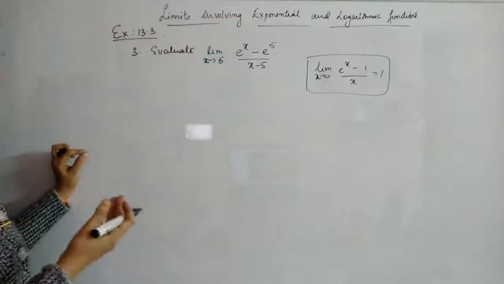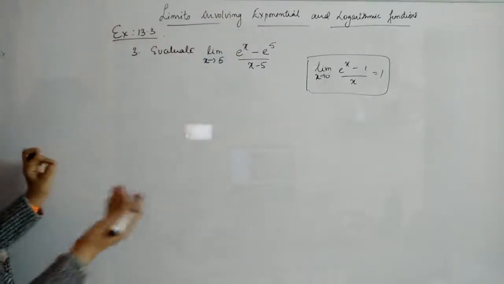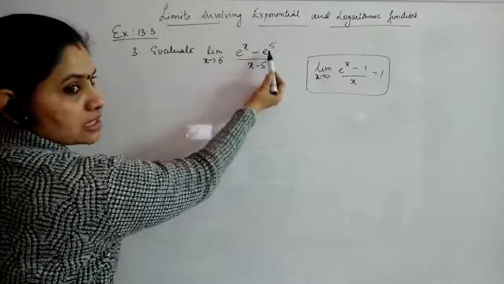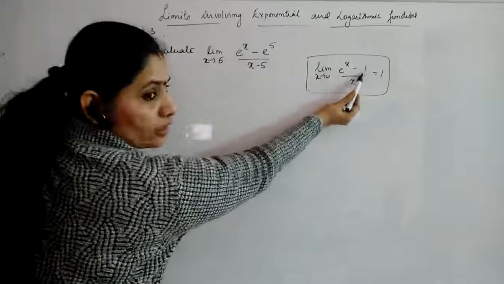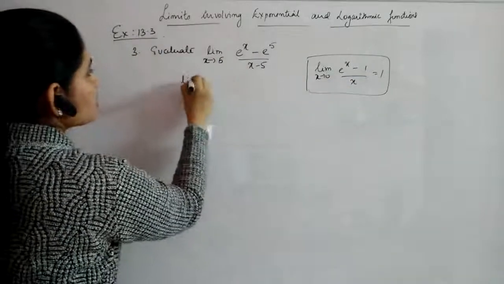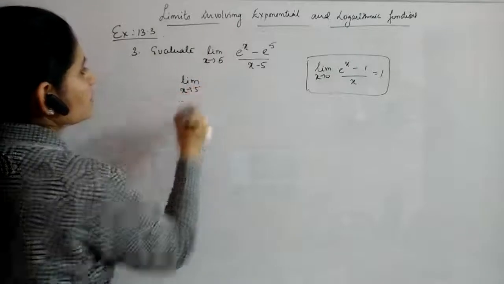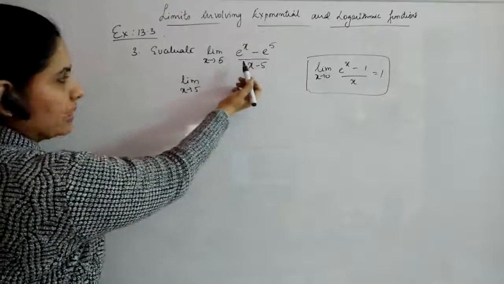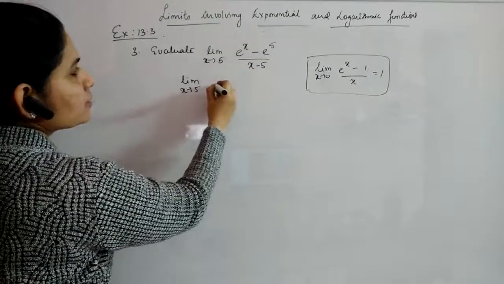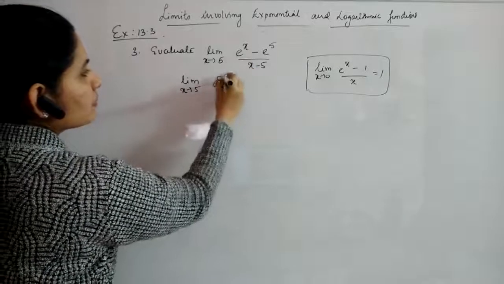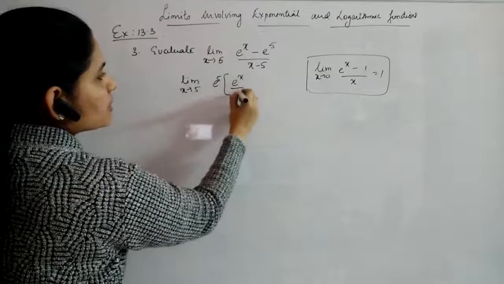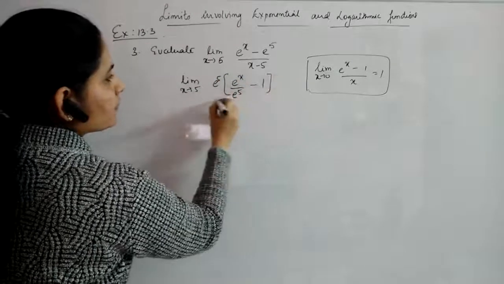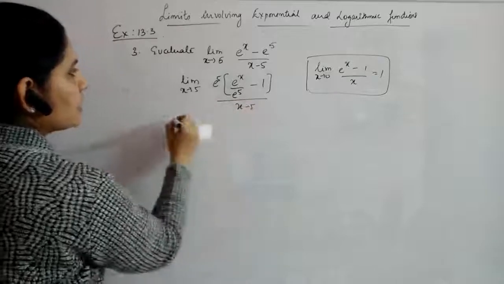For that we are just taking out e raised to 5 from this, because anyway we need 1 here in order to apply the property. Or else you can say dividing throughout by e raised to 5, same meaning. So if I am taking e raised to 5 out, this will become e raised to x by e raised to 5 minus 1, divided by x minus 5, right?